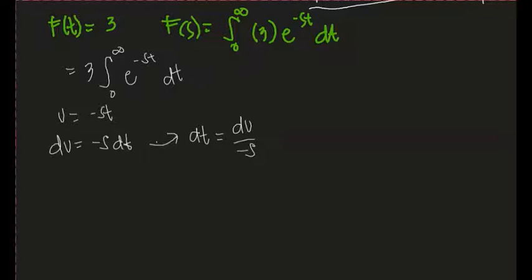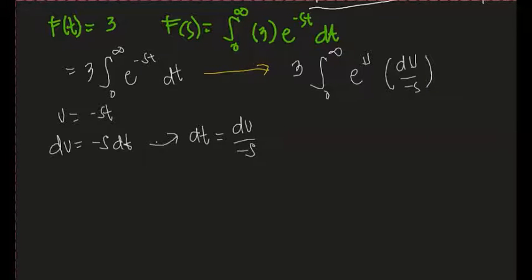Then substitute naton halin diri sa sining equation. So equation will be 3 integral from 0 to infinity of your e raised to u, dt naton is du all over negative s. Okay, so this is na aton nga equation kag dali kita ma-perform. So take note, we have s.